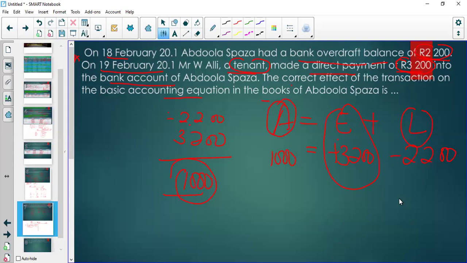This was a tricky question because normally students would want to say that the increase in assets is 3,200, which is the increase in equity, plus 0. But we see that this payment first had to reduce the liability.